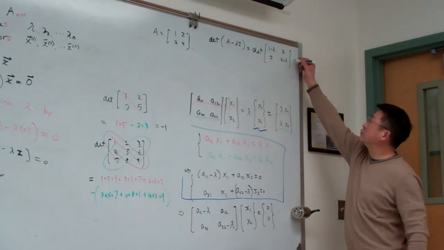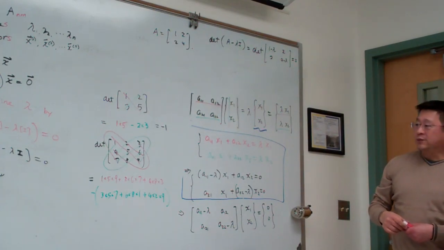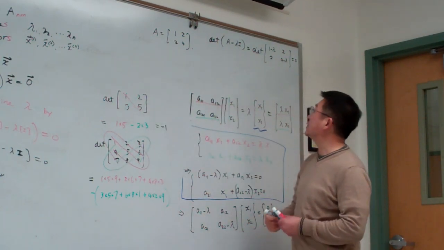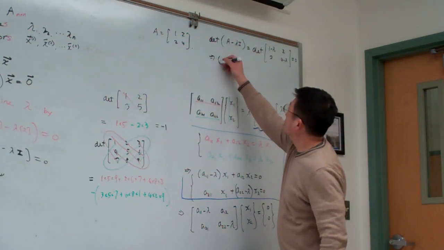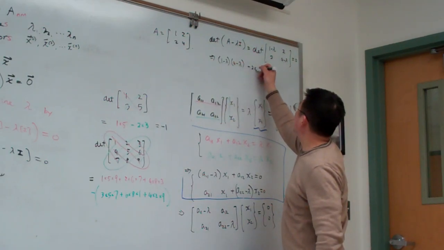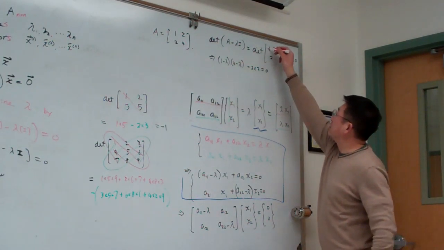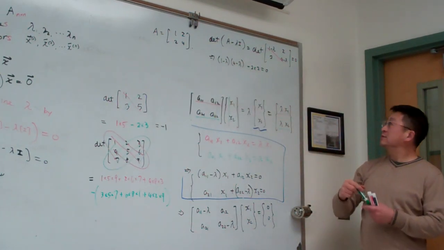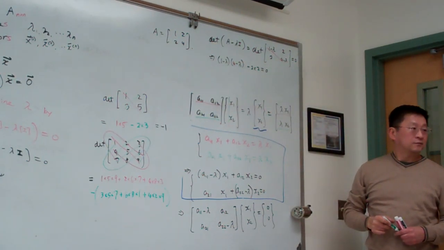Okay, now I'm going to set this one equal to 0. So we see how to implement the determinant. We simply duplicate this process. So that means 1 minus lambda times 4 minus lambda, minus 2 by 2, equal to 0. Is that right? Multiplication of the two elements minus multiplication of the two elements equal to 0. Good?